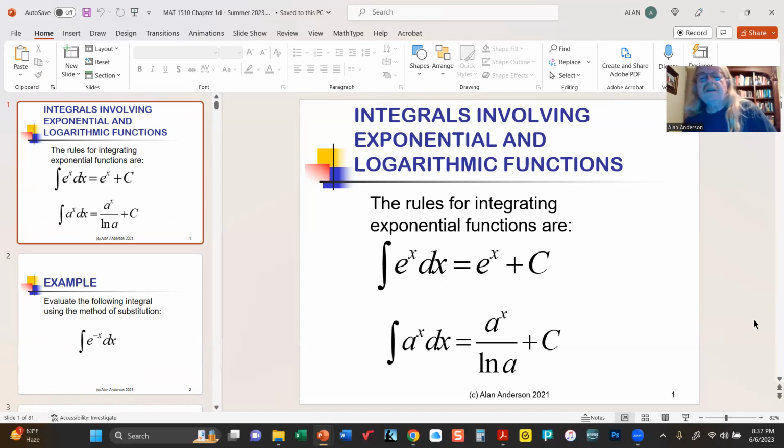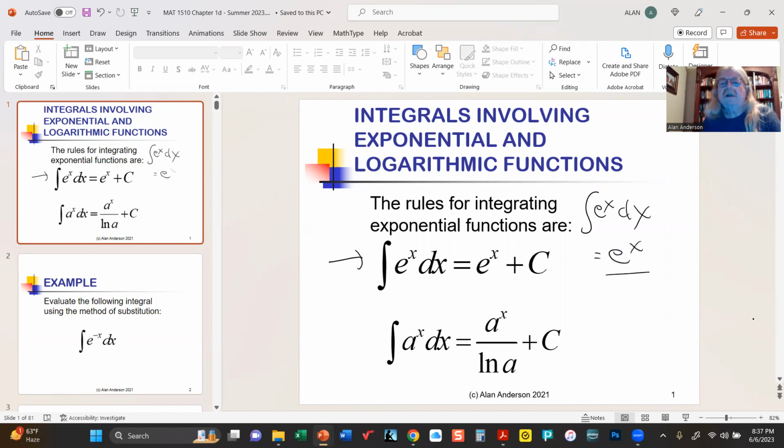But what I'd like to point out to you is that this first one is just a special case of the second one, because if you have this, using the rule down here, you would have e to the x over log e. Guess what? Natural log of e is just 1. So in other words, think of this as a special case of this second one.